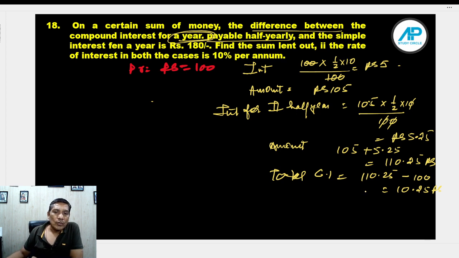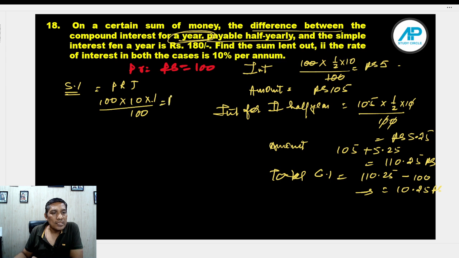So I have got the value of compound interest with me. Now I should find the value of simple interest, SI. That would be PRT over 100. PRT over 100 on 100 into 10 into 1 upon 100. You can see it is 10 rupees.